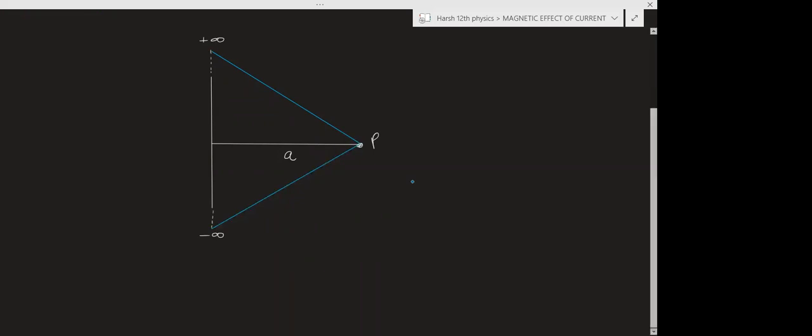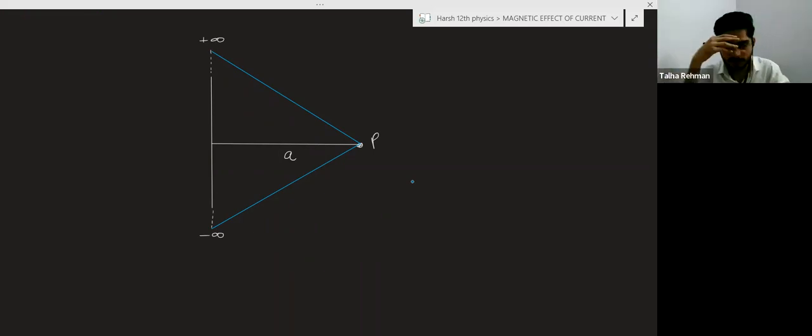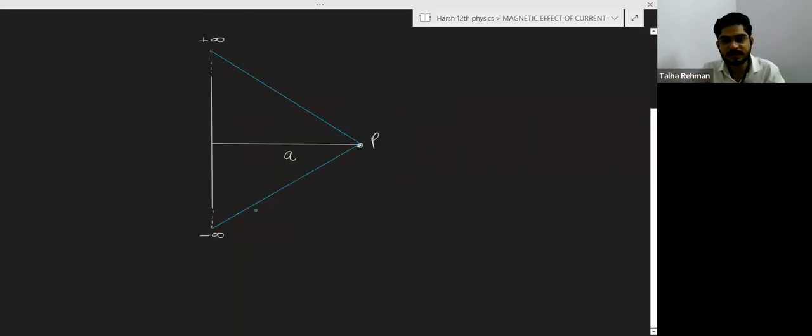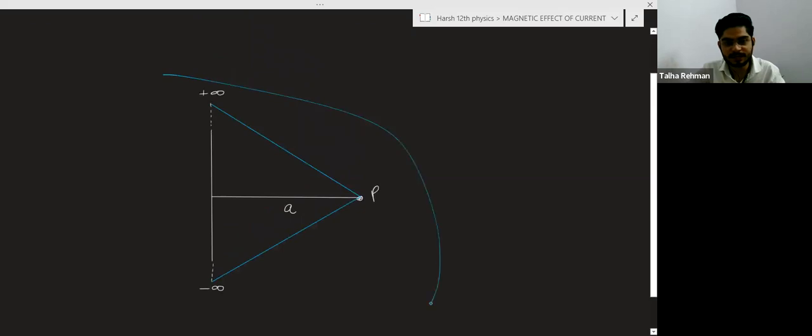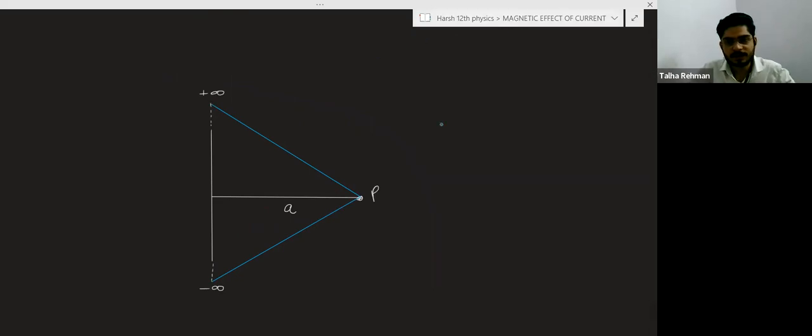When this wire is infinitely long, what will happen? Please try to imagine this. This angle looks like some angle less than 90 degrees, but actually this angle is 90 degrees.